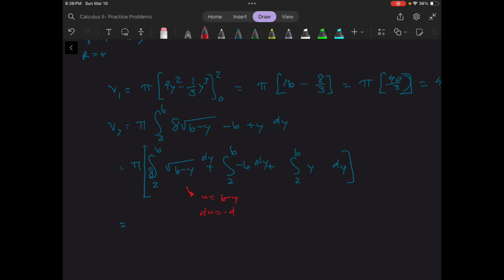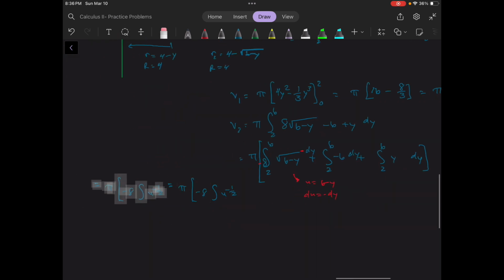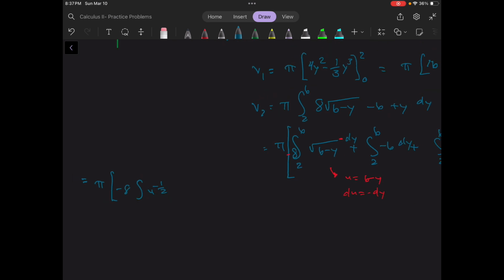Du will be negative dy, which means we need a negative in there with a dy. So we'll put one out front to account for it. Now we have pi times negative, integral of u to the negative 1/2 du.